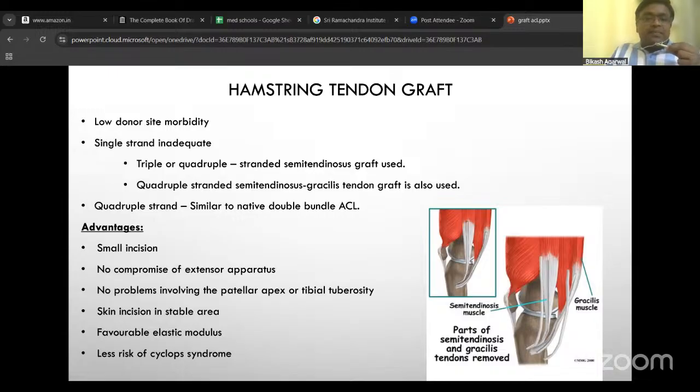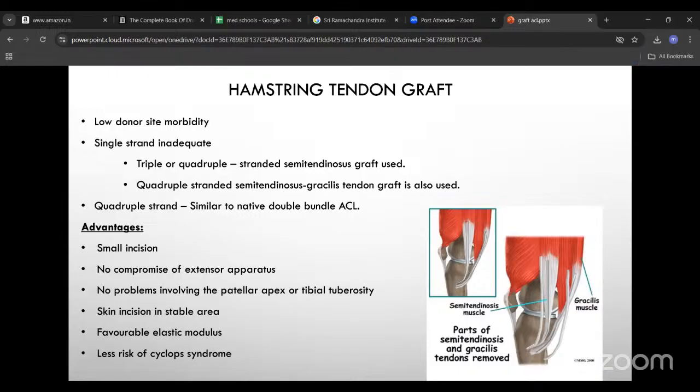The reason being, it has a low donor site morbidity, but a single strand is usually inadequate. The graft is usually tripled or quadrupled, and both the semitendinosus and gracilis are used. Some use only semitendinosus, and some also use a STG graft, the semitendinosus gracilis graft. The quadruple strand is said to be native to the double bundle ACL.